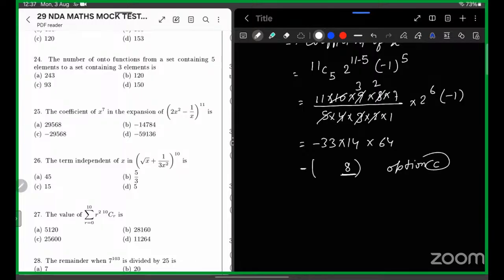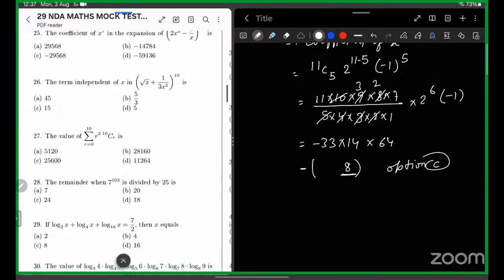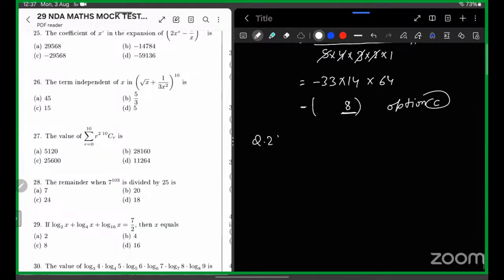Okay, next. Question 26. Term independent of x they are asking. So this is again a binomial question. Term independent of x means the power of x in the general term should be equated with 0. So I can write the general term first.